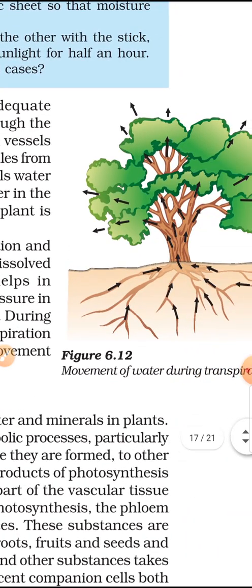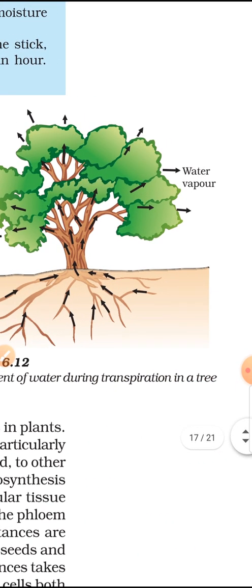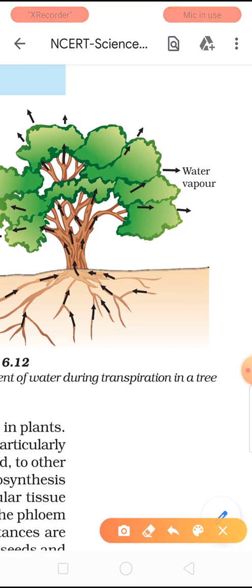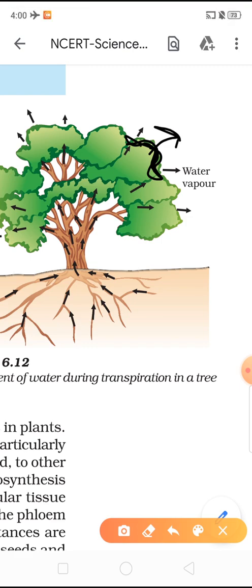What they are telling here is that in our leaves we have stomata, and when the stomata are open, water in the form of water vapor moves out. So we can say there is a gap in this cell because the water has moved out.